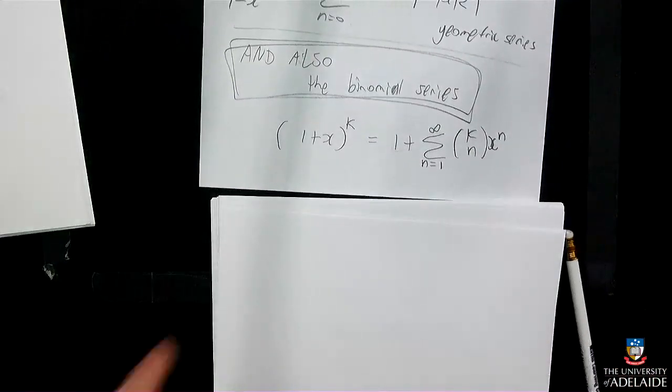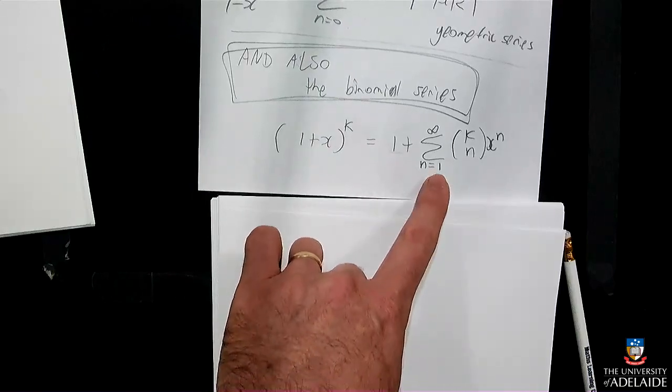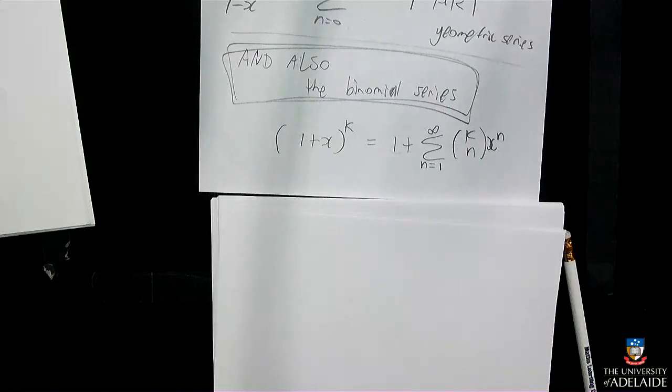Okay, 1 plus x all to the power of k is 1 plus the sum from n equals 1 to infinity of k choose n times x to the power of n. Sweet.